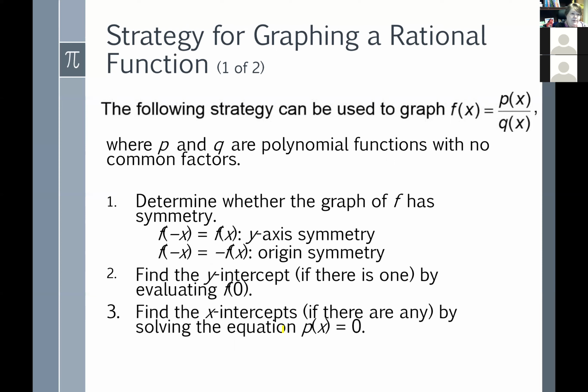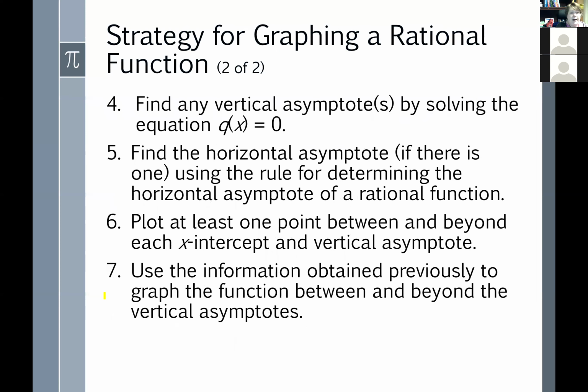Then find the y-intercept, find the x-intercept, find any vertical asymptotes, and find any horizontal asymptotes if there are any. There may not be, but if there are, find those. Plot at least one point beyond the x-intercept and the asymptotes, and then graph the function.